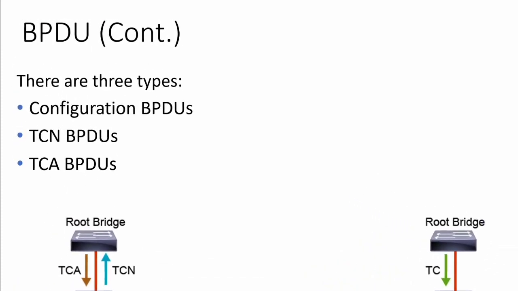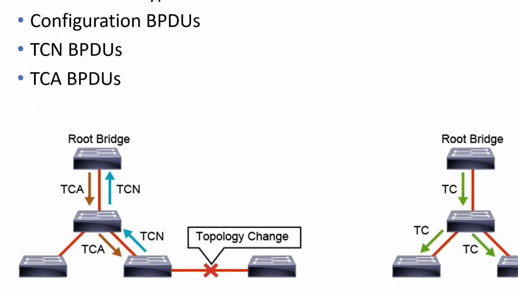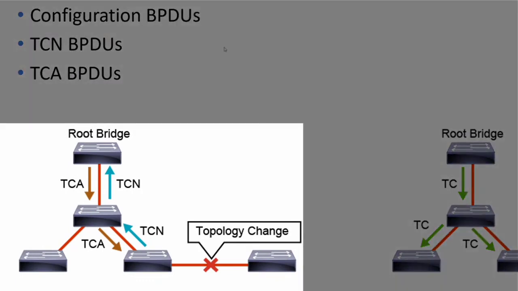There are three types of BPDUs. There are configuration BPDUs, topology change notification BPDUs, and topology change acknowledgement BPDUs. In the lower left example, we see a topology change, and the switch that notices the topology change is going to send a topology change notification upstream to its designated switch.